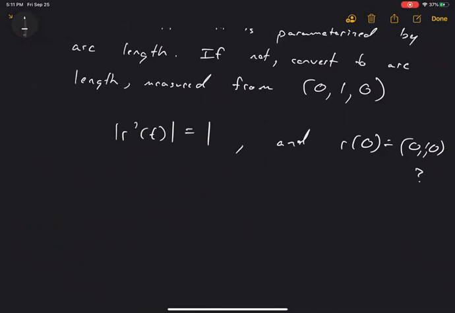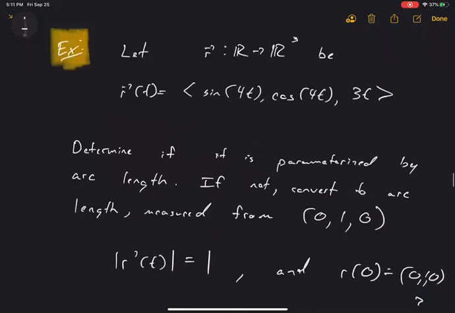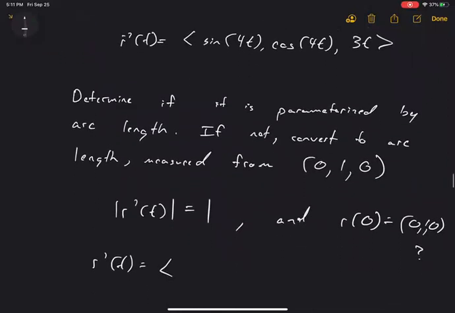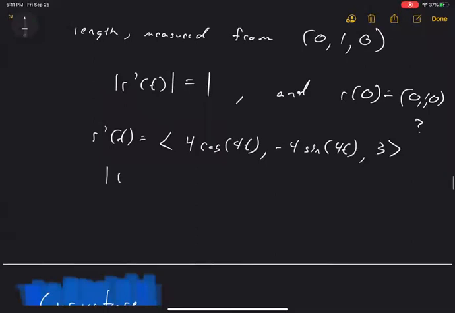So first step, let's check r prime of t. If that's r of t, r prime of t is going to be 4 cosine 4t, negative 4 sine 4t, 3. What's the magnitude of r prime of t?